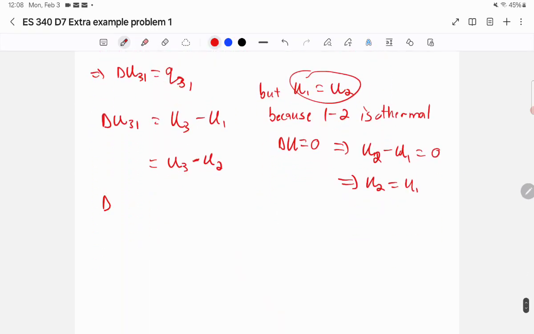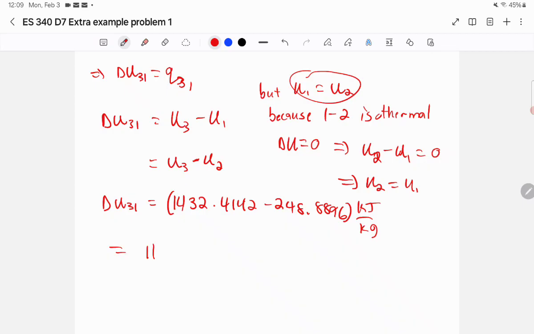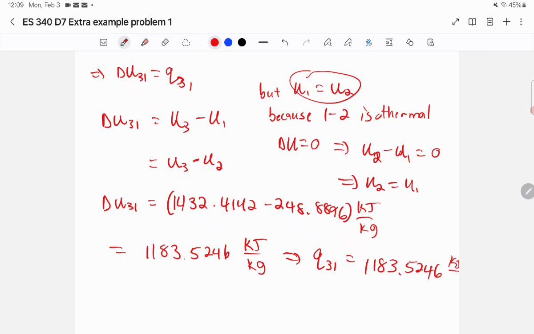So that means that delta U31 is equal to, but this time it's going to be sort of the negative of the previous step, because the endpoints are now swapped. 4142 minus 248.8896 kilojoules per kilogram, which equals 1183.5246 kilojoules per kilogram, which means the Q, lowercase q, sorry, 3 to 1 is equal to 1183.5246 kilojoules per kilogram.